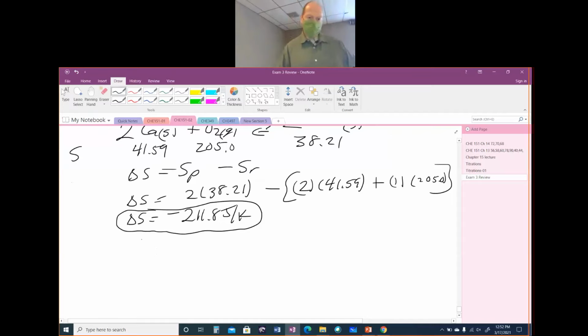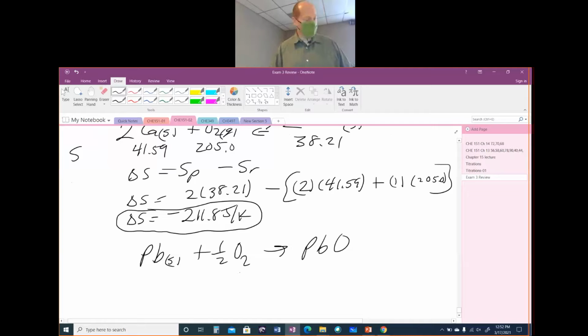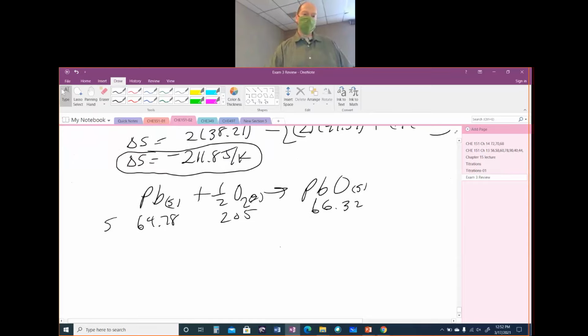So the next one, Pb solid plus 1/2 O2 yields PbO. These should be very simple. You just look up the numbers, 64.78, 205, 66.32, and you just take products minus reactants.